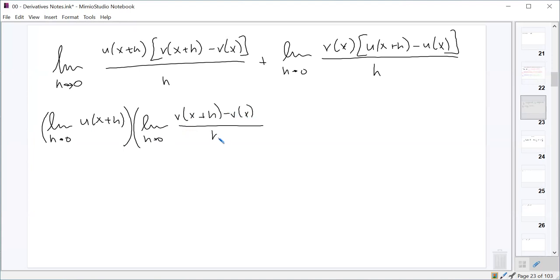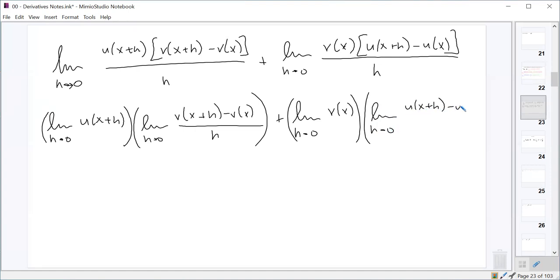And hopefully you're seeing why we're doing it this way, because the limit as h approaches 0 of v of x plus h minus v of x all over h should just be the derivative of v of x right here. And when we do this with the other side, we'll have a limit as h approaches 0 of v of x times a limit as h approaches 0 of u of x plus h minus u of x all over h, which is just the derivative of u of x.